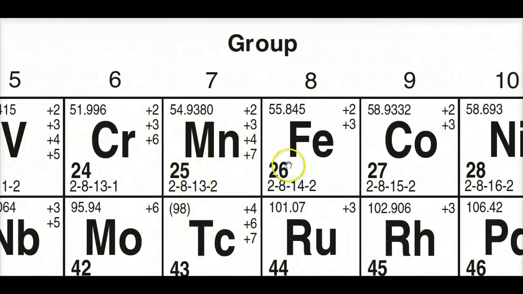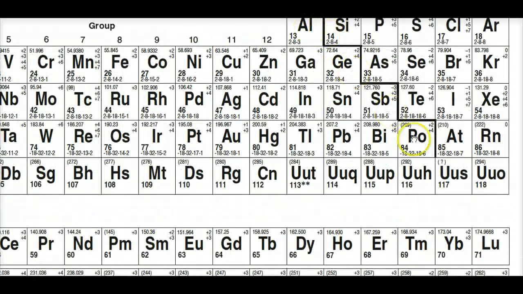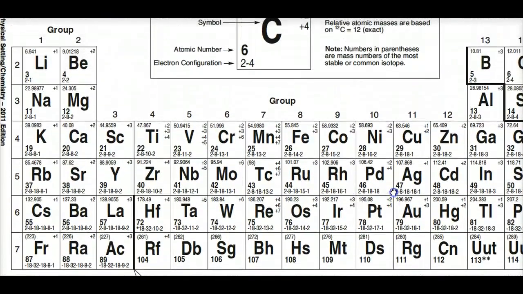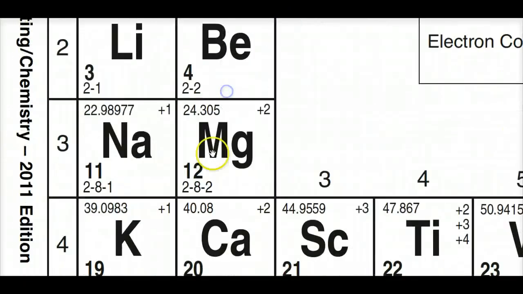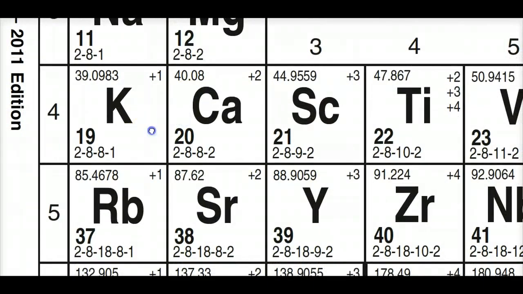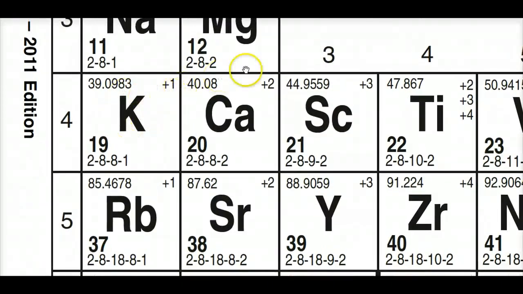All metals become positive because all metals lose electrons. Look at all these metals here. And for those that don't know, the metals are below the staircase. All of these are positively charged because they all like to lose electrons because they don't hold on to them. That's one of the major properties of metals: they lose electrons. So potassium becomes +1. So you can put down either potassium or aluminum.